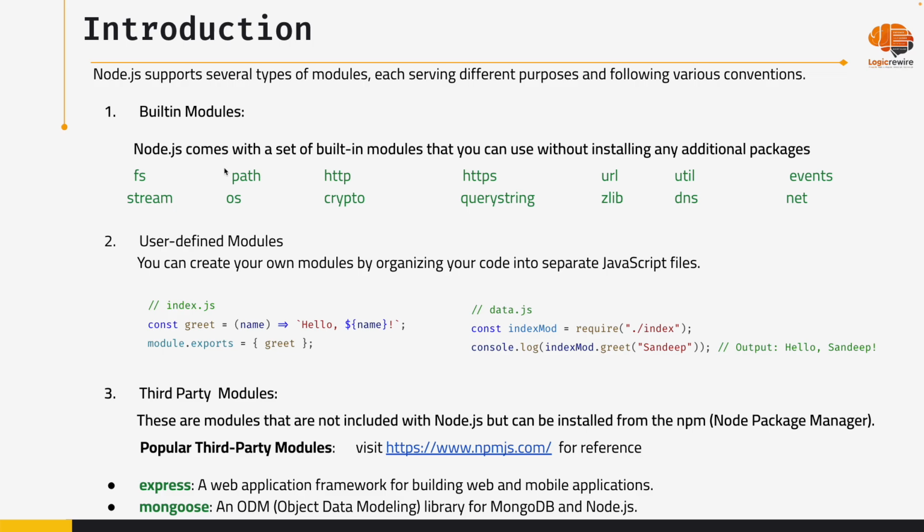We are going to see how the built-in modules are used and what we can do with them. The first module we are going to see is FS, that is file system. When we create a file, to perform any operation on the file, we use the FS module. If you want to create a file, we use FS. If you want to delete a file, we use FS.